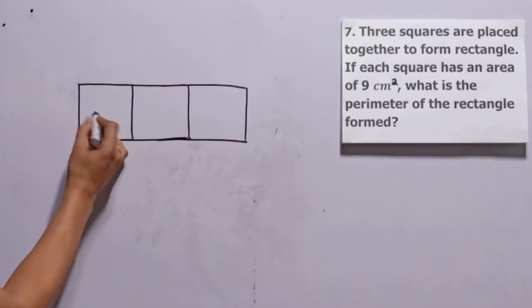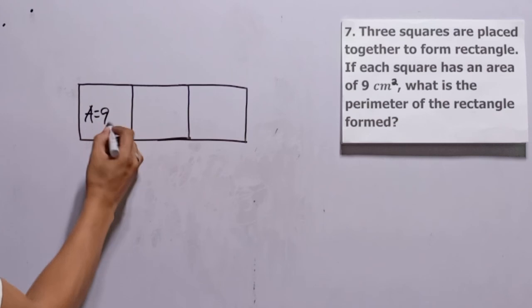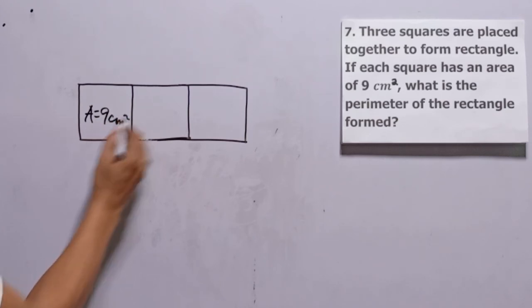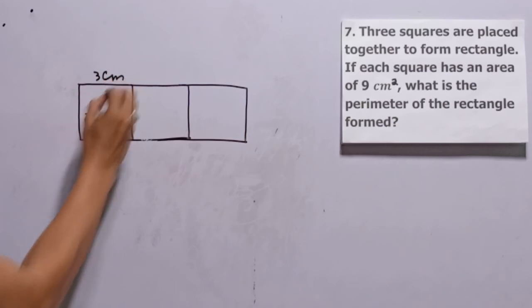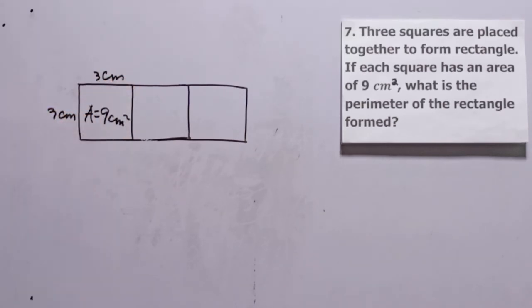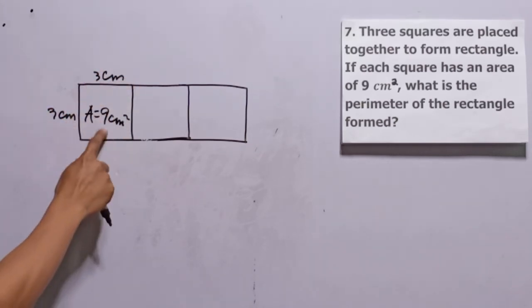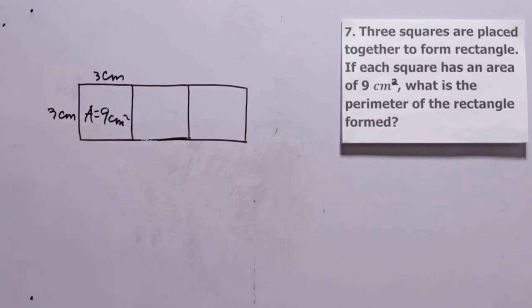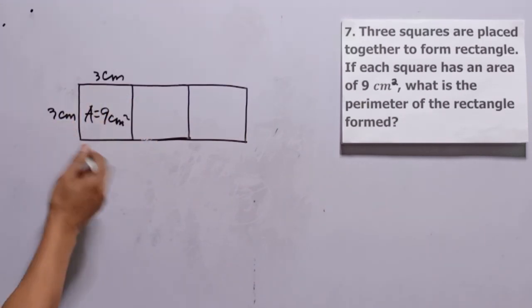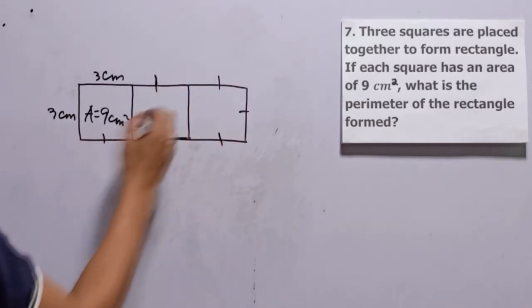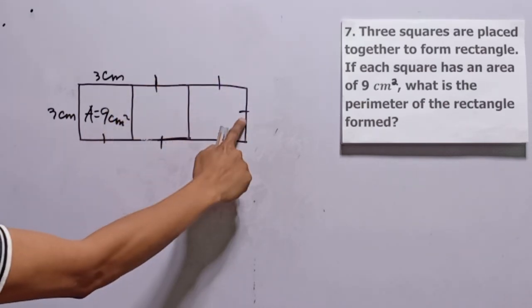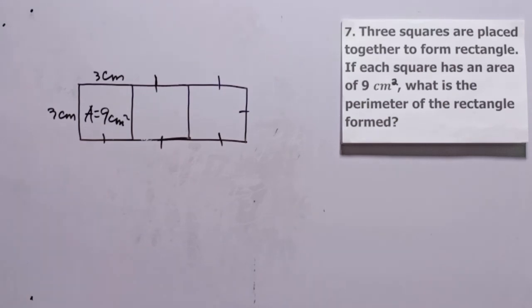Now, each square has an area of 9 cm squared, meaning the side of each square is 3 cm, since 3 times 3 is 9 cm squared. So if this is 3 cm, this must be 3 cm also. So this is 3 cm, 3 cm, 3 cm, 3 cm, 3 cm, 3 cm.